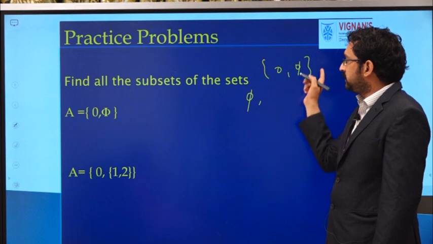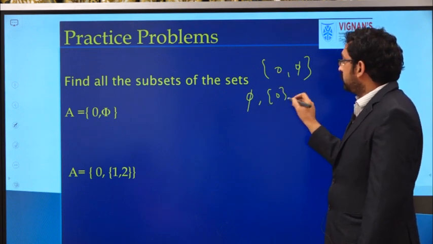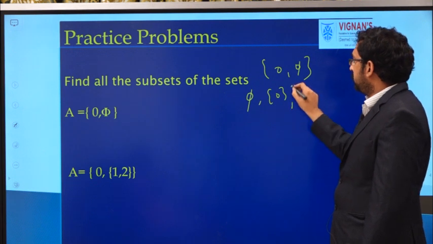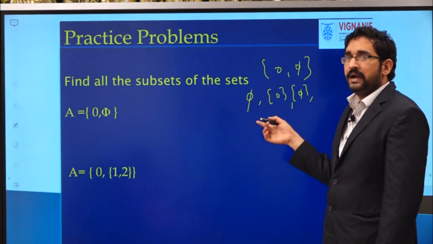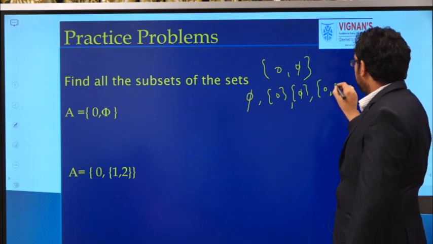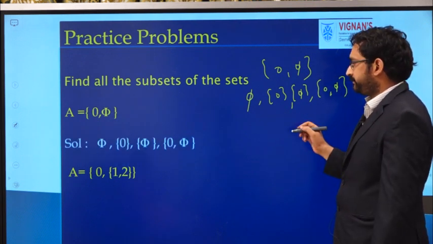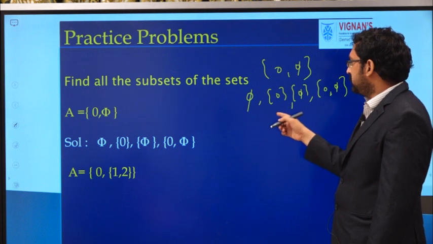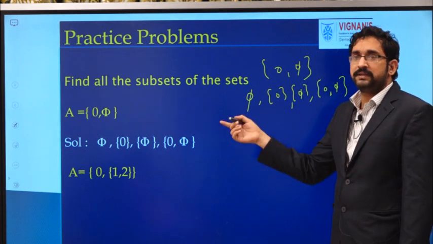And the singleton {0} is also a subset of the given set. Singleton {pi} is also a subset of the given set. And every set is a subset of itself. Hence, for the given set {0, pi}, the subsets are the empty set, {0}, {pi}, and the given set itself.